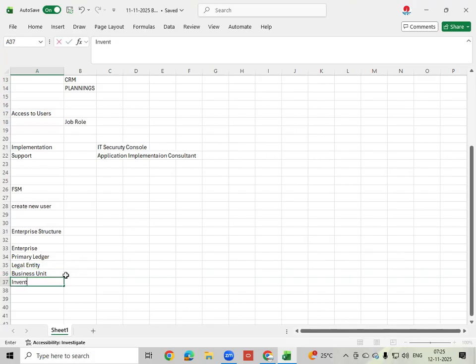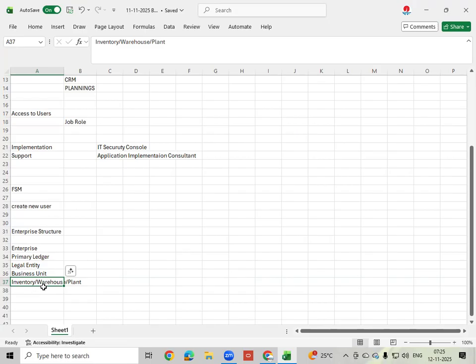Inventory. So here you can say inventory or warehouse or plant, anything. But generally, as per this enterprise structure terminology, here we maintain inventory.